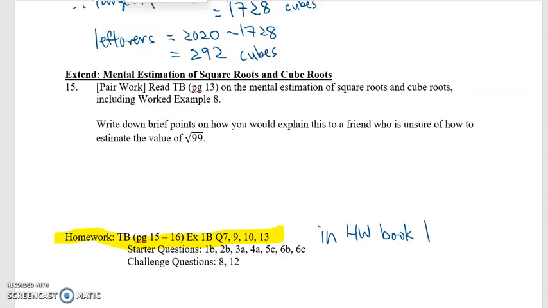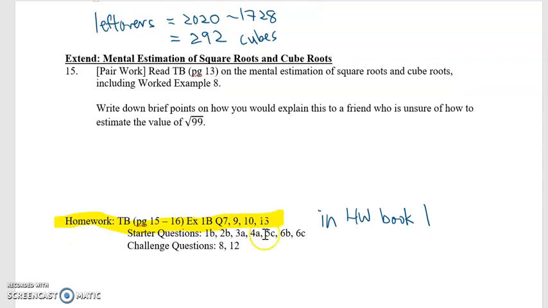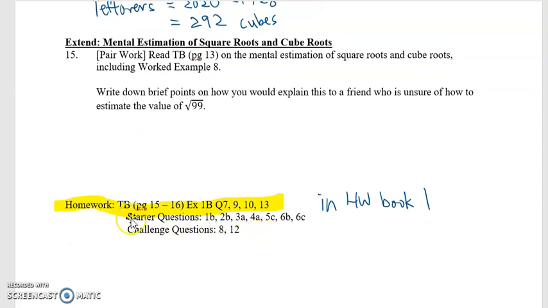Now the starter questions and the challenge questions are there for a reason. For those of you who might be struggling at this point in time to do 7, 9, 10, 13, so when I say struggle, maybe out of the 4 questions, you can only do 1 or less. If you find that you do not really understand what I've gone through, then try the starter questions.